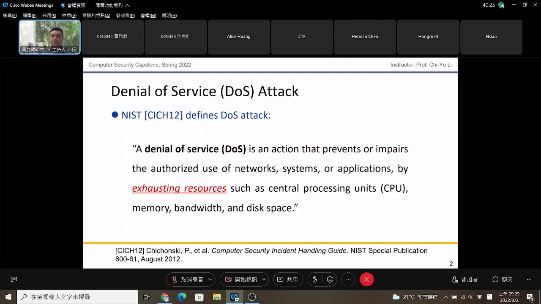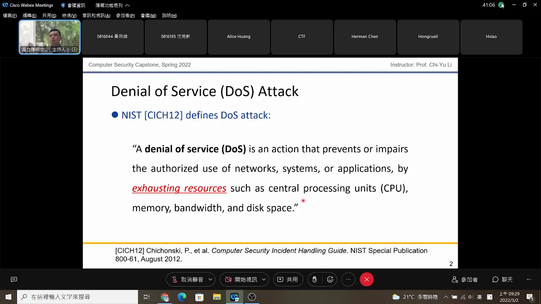Okay, so here is the formal definition of the DOS attack. A DOS is an action that prevents or impairs the authorized use of networks, systems, or applications. So basically it covers these three important resources: networks, systems, or applications, by exhausting resources such as CPU, memory, bandwidth, and disk space.